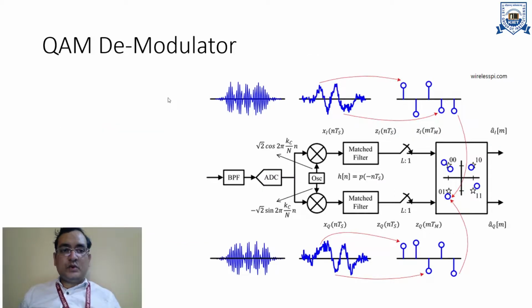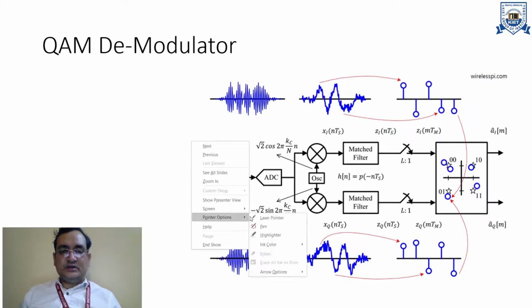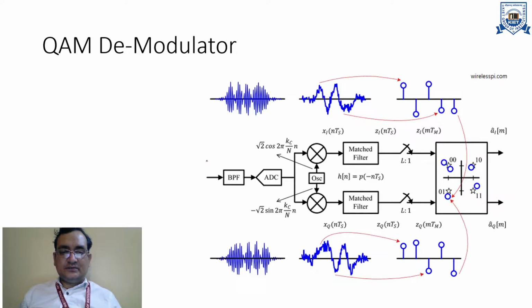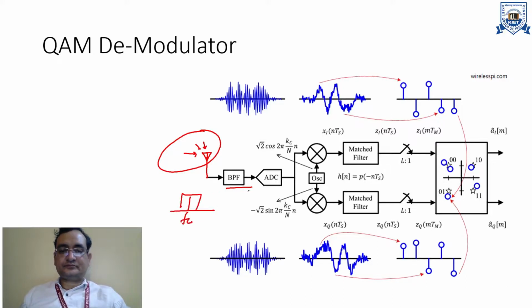This is showing the QAM demodulator block diagram. You can clearly see that at this point I am installing my receiving antenna that receives the transmitted QAM signal, and then a BPF, band pass filter, which eliminates the noise other than the center frequency, which will be fc, right? Then the ADC, which is the analog to digital conversion, and after that the same process, oscillations.